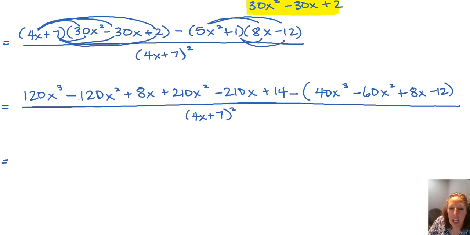Okay, we can combine like terms up here at the front just a little bit. We'll get 120x cubed. We have negative 120x squared and a positive 210x squared, so that's going to give us a positive 90x squared.